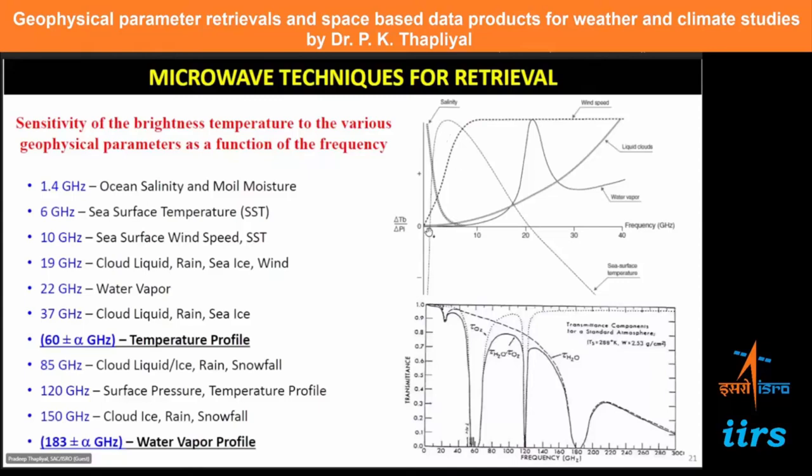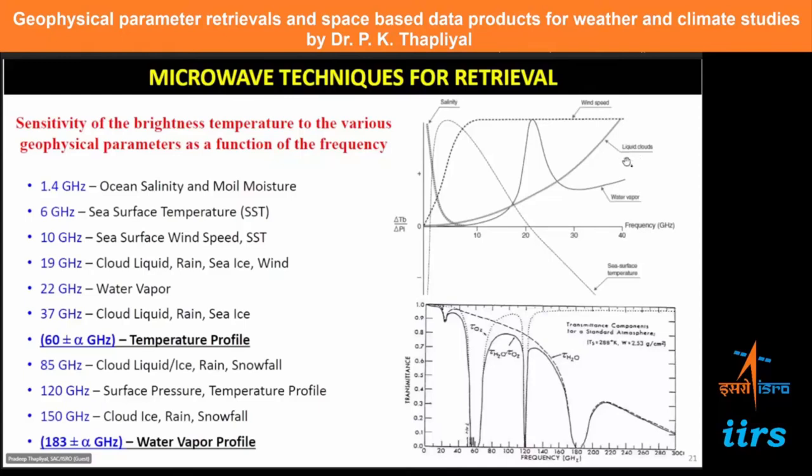For wind speed, the sensitivity increases slowly, and the peak is around 10 gigahertz here, and after that it saturates. For water vapor, the sensitivity increases slowly. It is maximum around 22, 23 gigahertz. Again it dips, and then again it starts increasing, and the maximum sensitivity will again be at 180 gigahertz that I am not showing here.